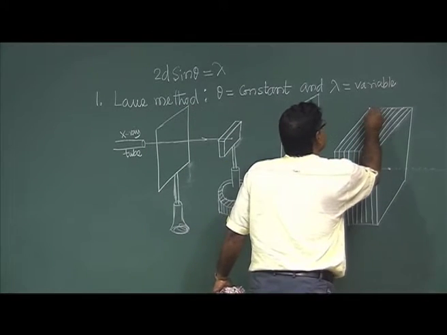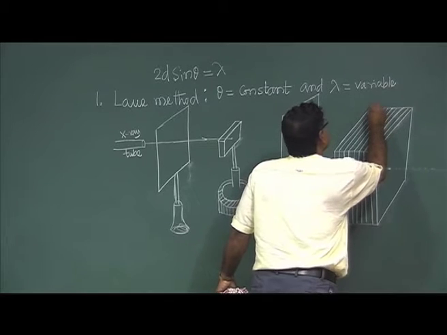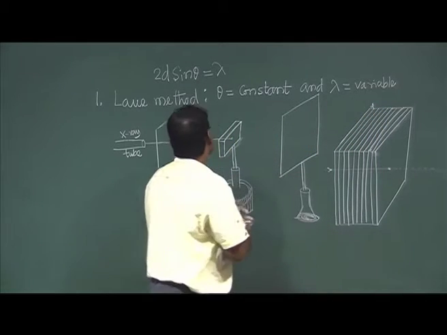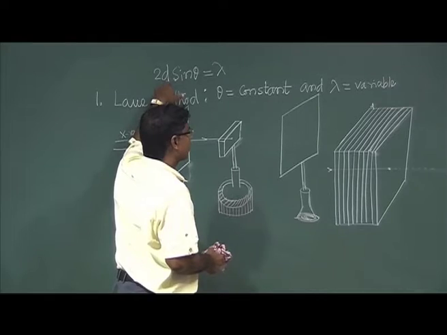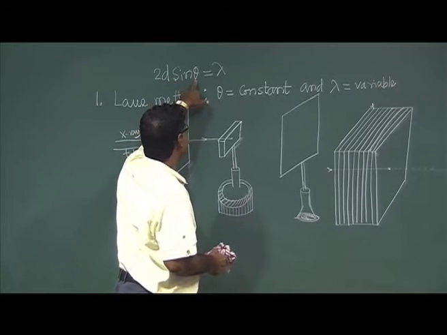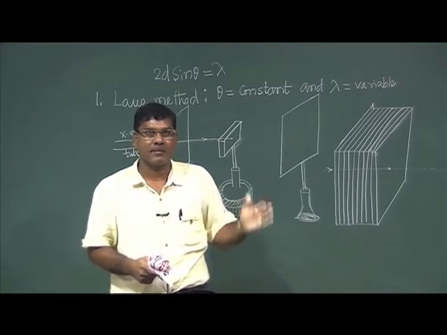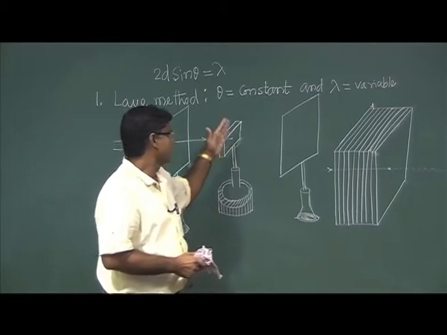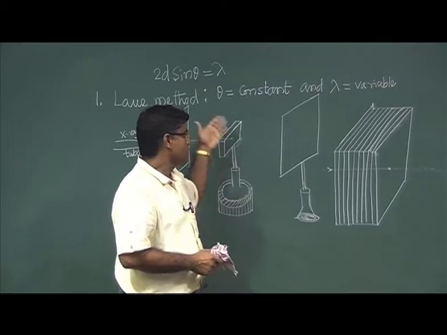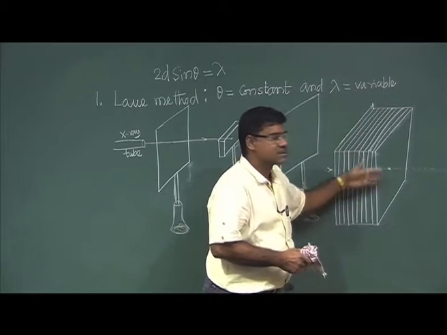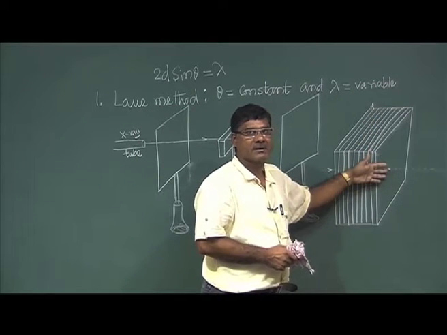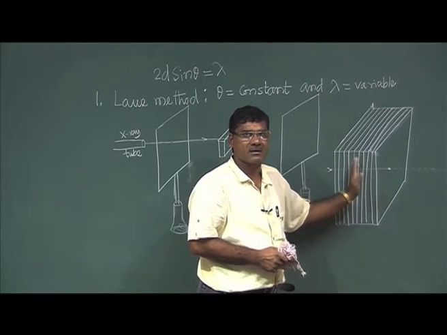It has a particular d spacing, so d is there. For that d, this angle is fixed because I am not rotating the crystal, it is in a fixed position. So it will make an angle with this set of parallel planes, that is theta, and that is constant.